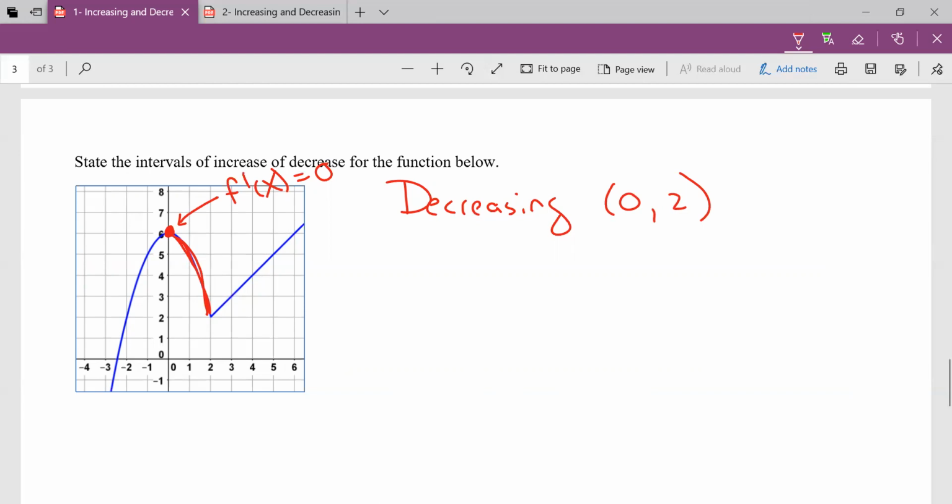Okay, where am I increasing? Well, I'm increasing right here. So that's negative infinity to 0. And I'm also increasing right here, comma, 2 to infinity.